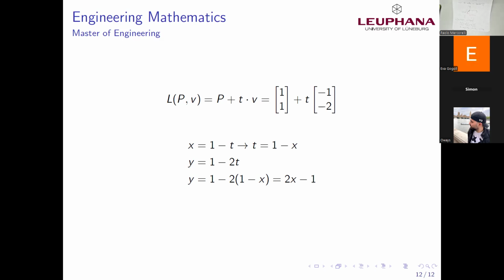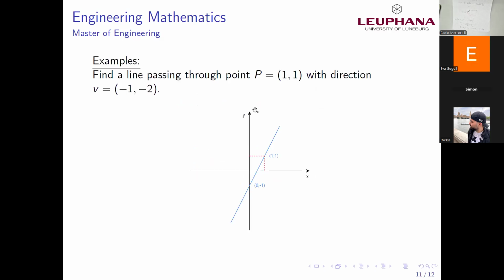X, Y is a common way to represent the line, to represent the space. But if you don't like it, you can put A and B. You can put Paolo and Ellen, my wife.